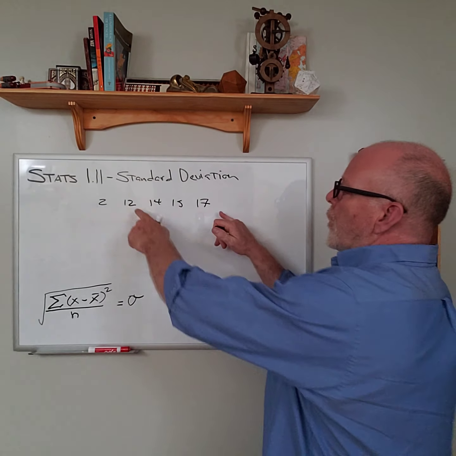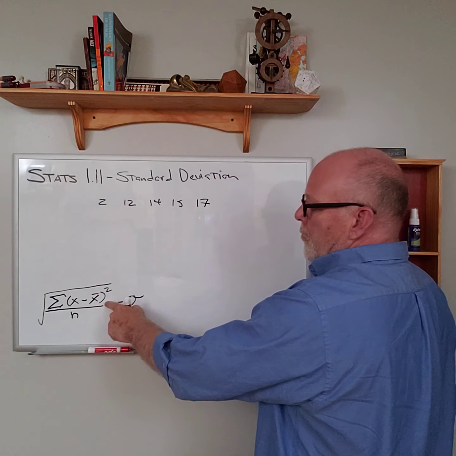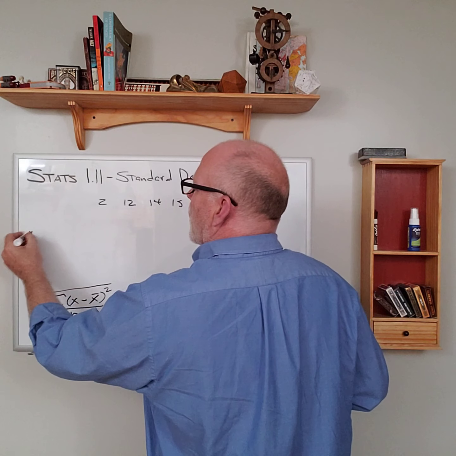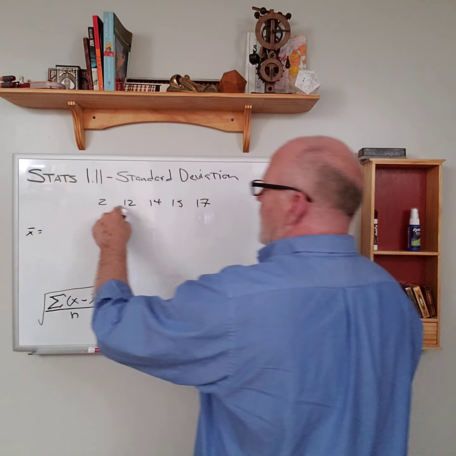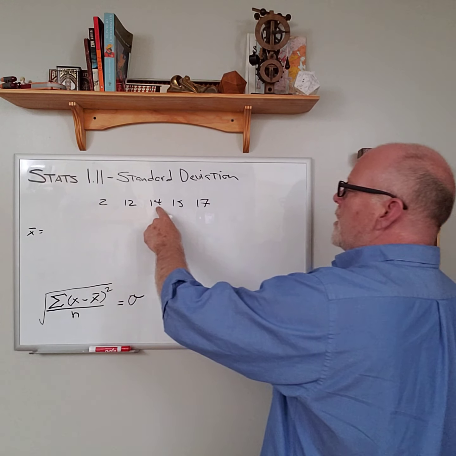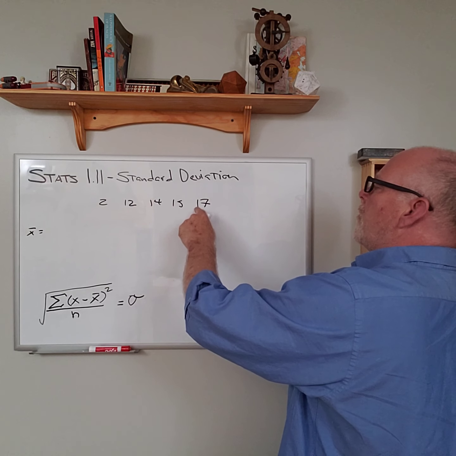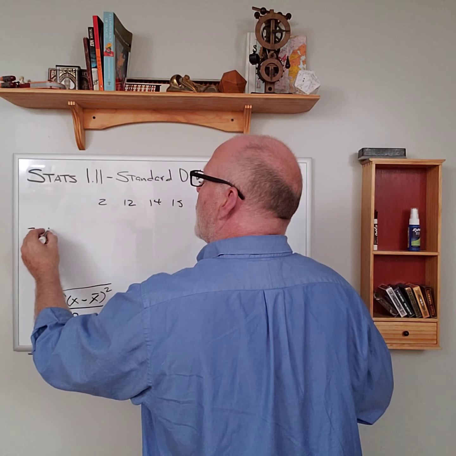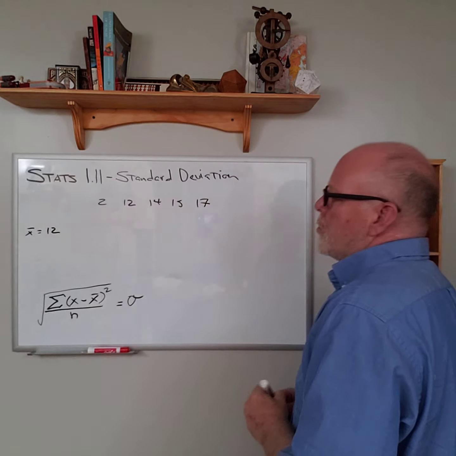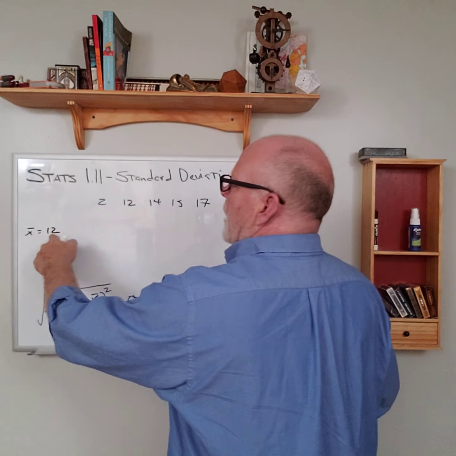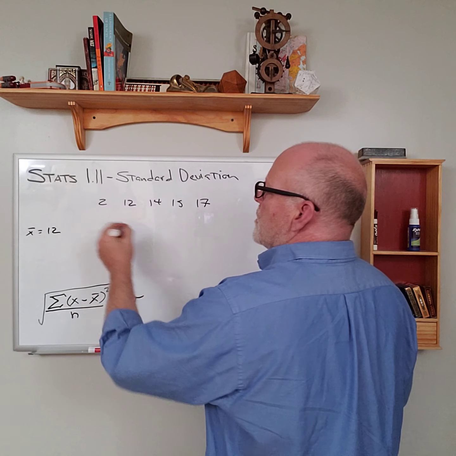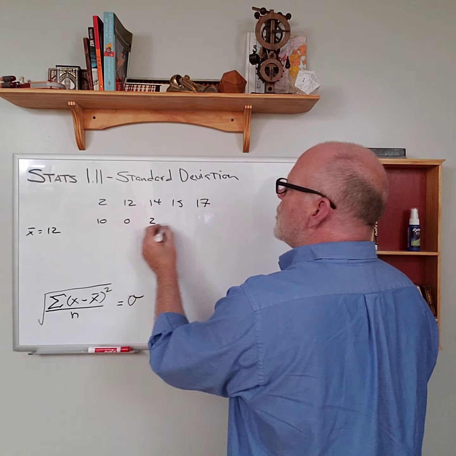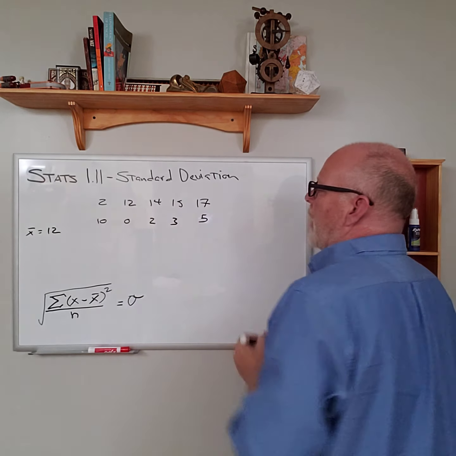So first thing we do, right, let's follow the formula this time. First thing we do is we find the mean, and that's going to be 12, 13, 14, 28, 38, 43, 53, 60 divided by 5 is 12. So that's going to be 12. If we subtract 12 from each of these, we're going to get 10, 0, 2, 3, and 5.